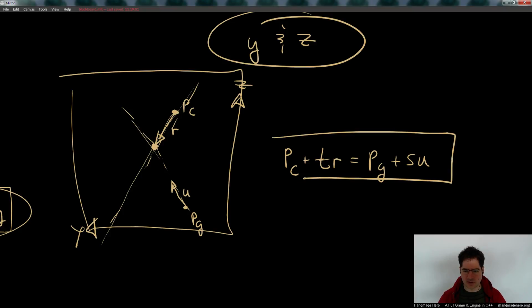So even though it looks like only one equation in 2 unknowns, it's actually 2 equations in 2 unknowns because we have Y and Z. So all we have to do here is solve for one of them and plug it into the other, and that gives us the solution that we're looking for.